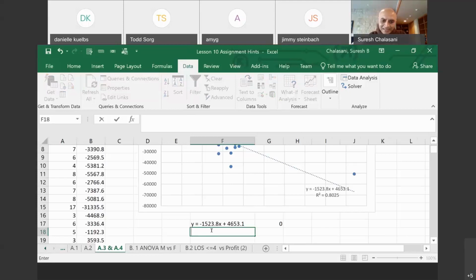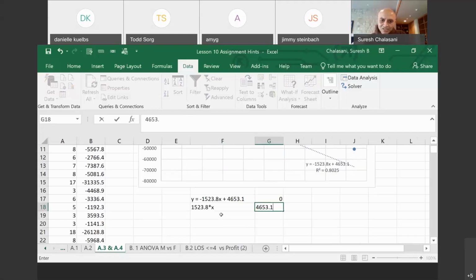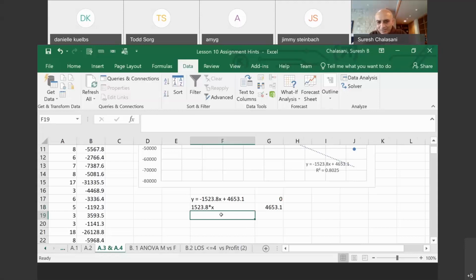So if I take that and flip them around, 1523.8 times x is equal to 4653.1, right? So which length of stay makes it profitable? Which makes it 0? That's what we are trying to find.